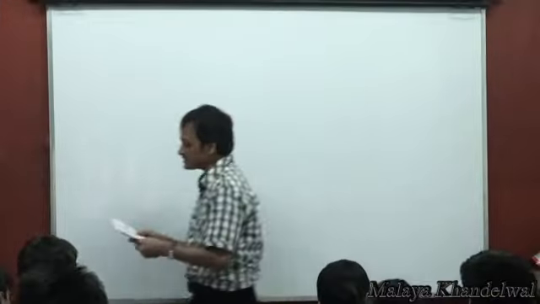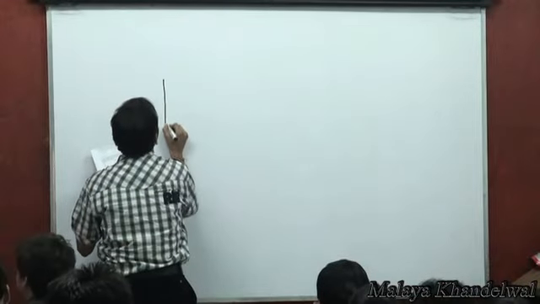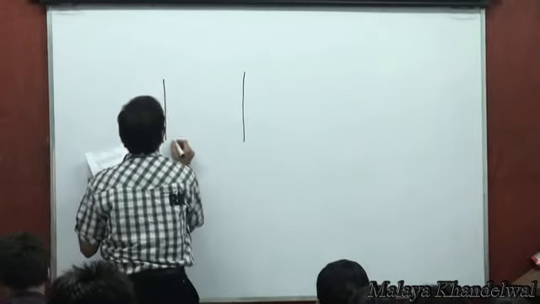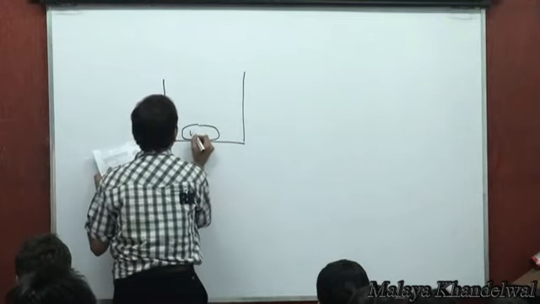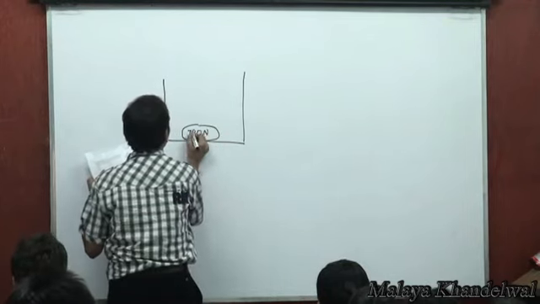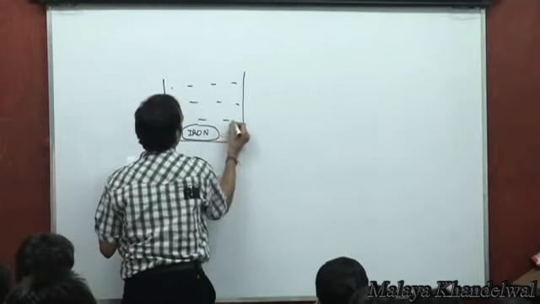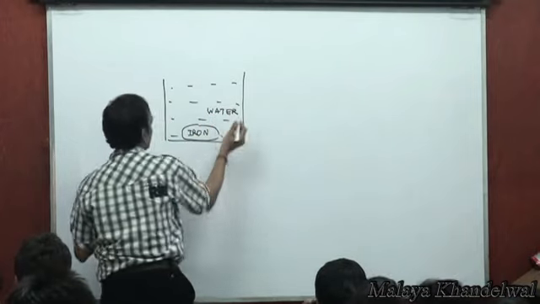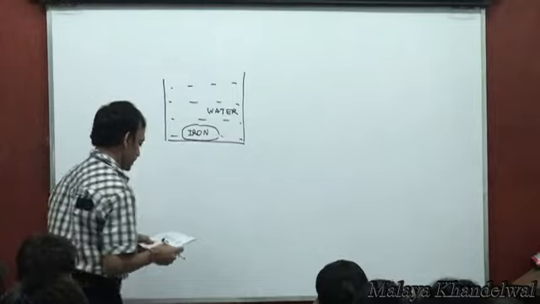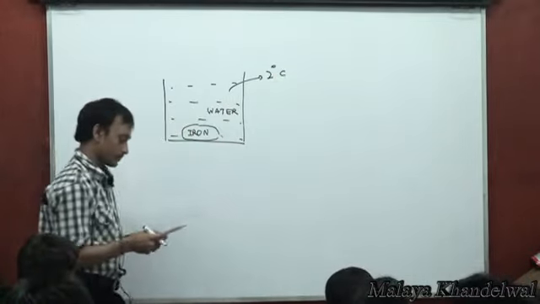A block of iron kept at the bottom of a bucket of water. This is water, and this is maintained at 2 degrees centigrade.